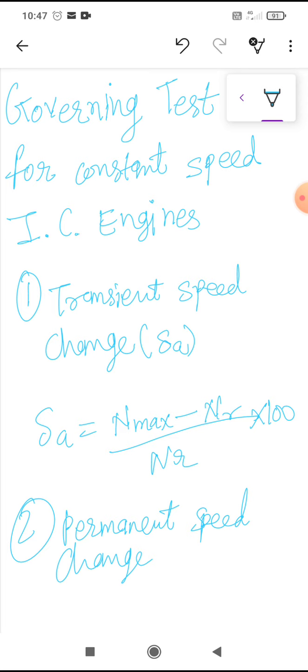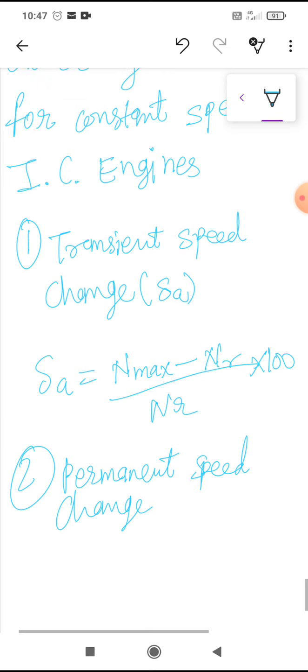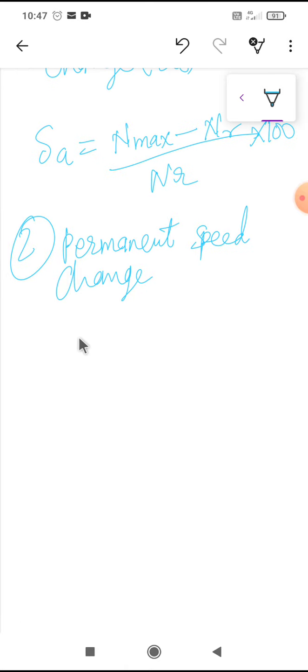So what is the difference between transient and permanent? Transient is the maximum deviation, while permanent is the deviation of the speed after a gradual power change, whereas transient follows a sudden load change. So there is a difference between transient and permanent speed change.